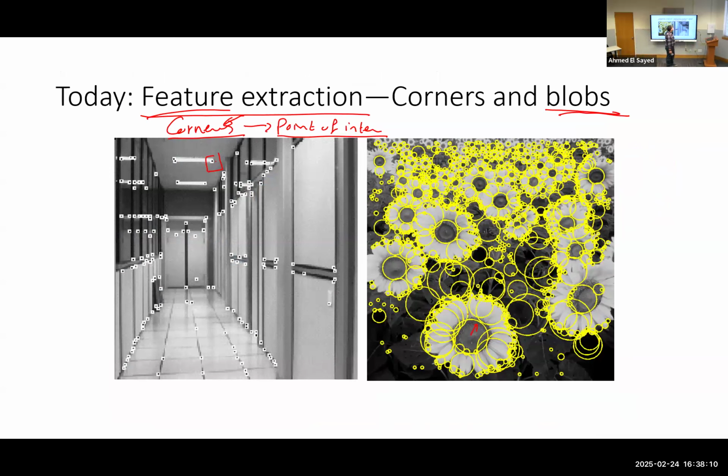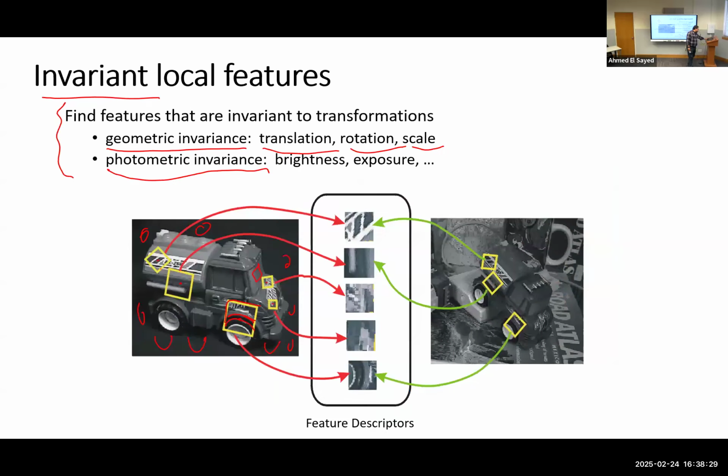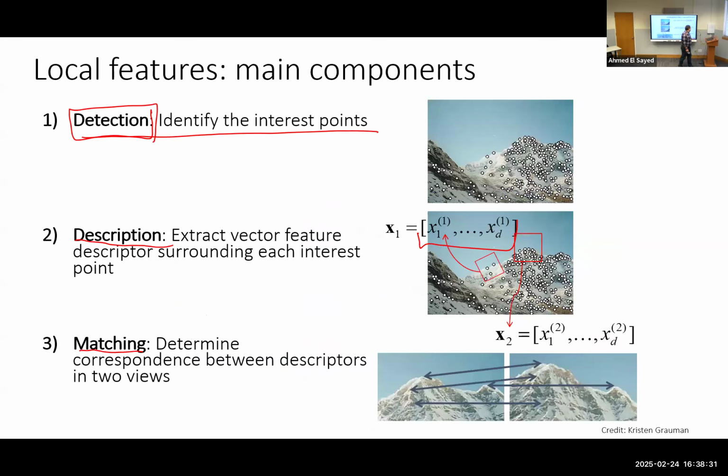Another group said that there is information in the blobs, and the area of the blobs has lots of information that we can use also to understand the image. So those are the two schools within this track. But in both cases, we will start by extracting points of interest, whether they are corners or blobs.